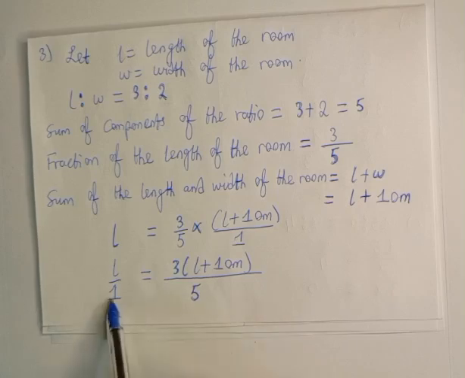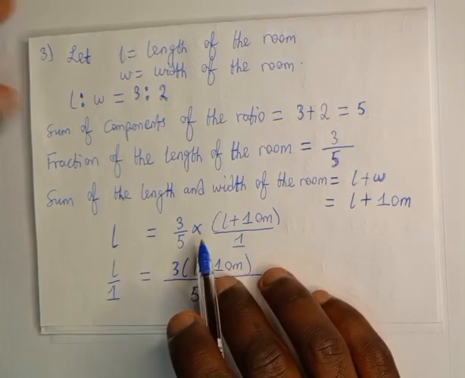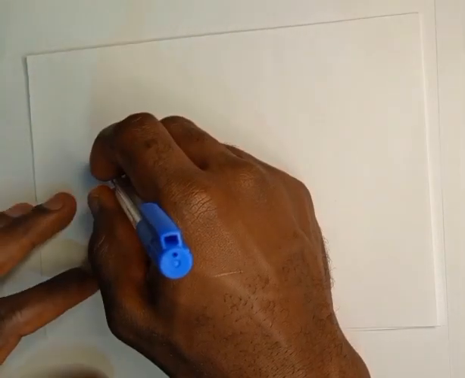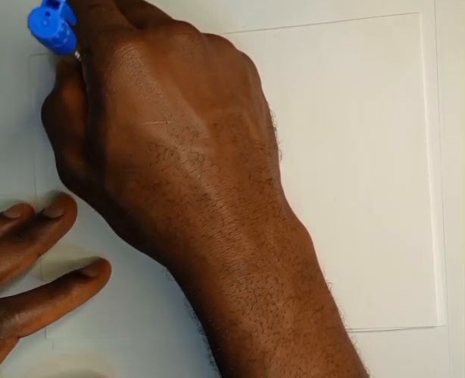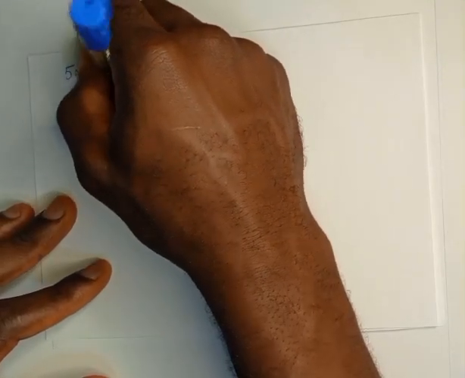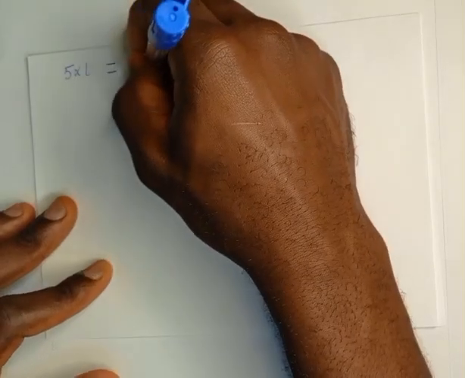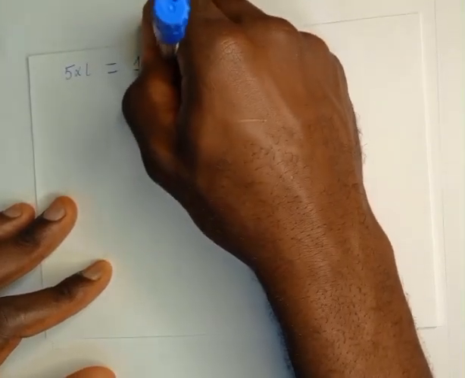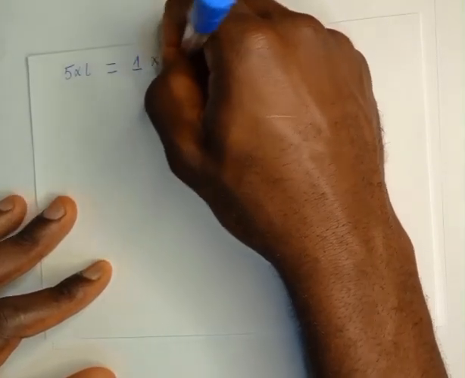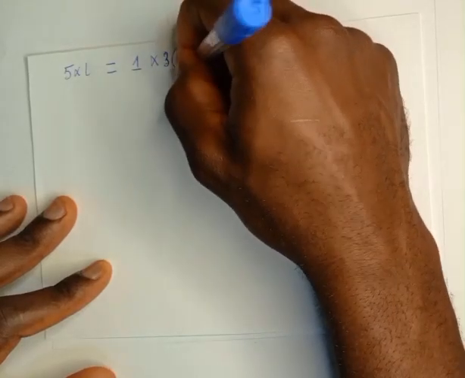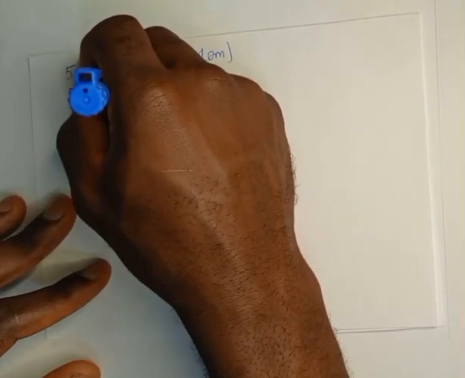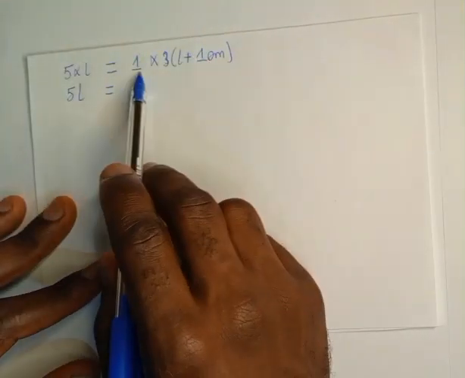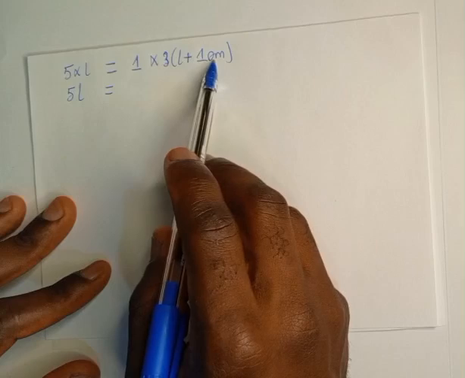L times 5, 1 times this, will simply give us 5 times L. We put the equality sign, is equal to 1 times 3 times L plus 10 meters. 5L is equal to 1 times 3 times L plus 10 meters.